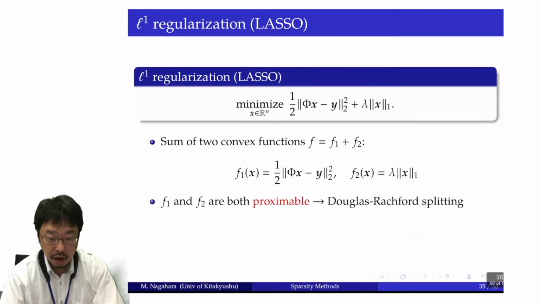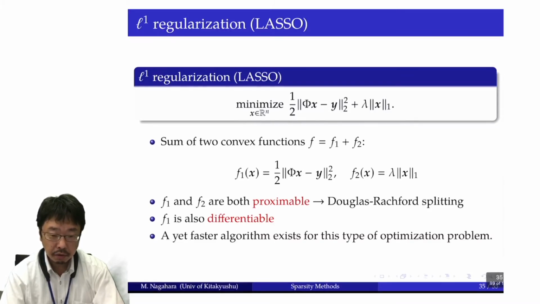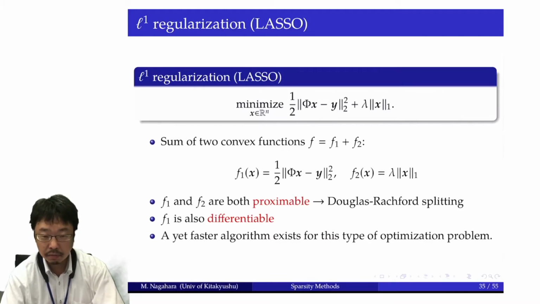Since f1 and f2 are both proximable, we can directly apply the Douglas-Rachford splitting algorithm for this problem. However, we see f1 is also differentiable. By using this property, we obtain a yet faster algorithm for this type of optimization problem.